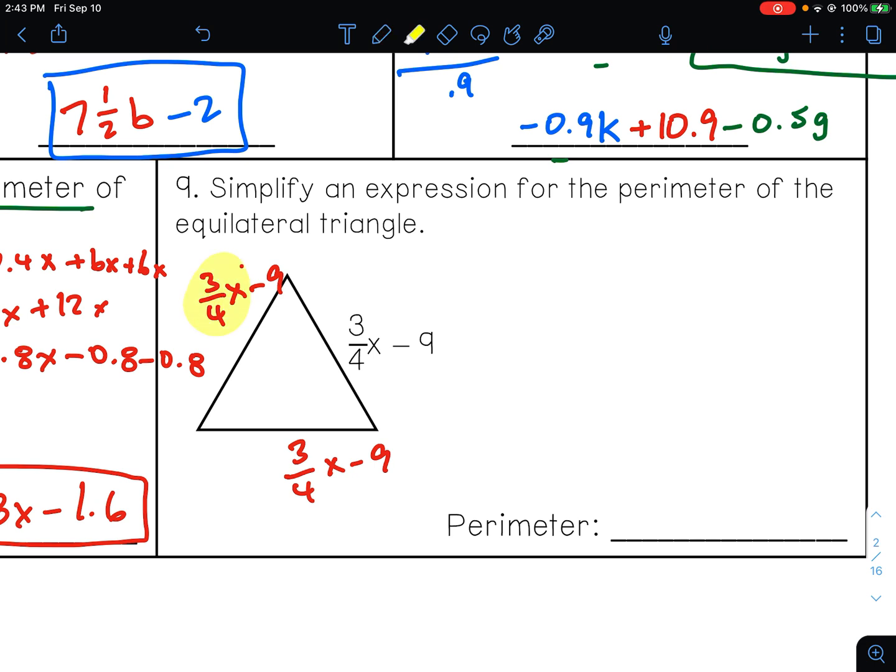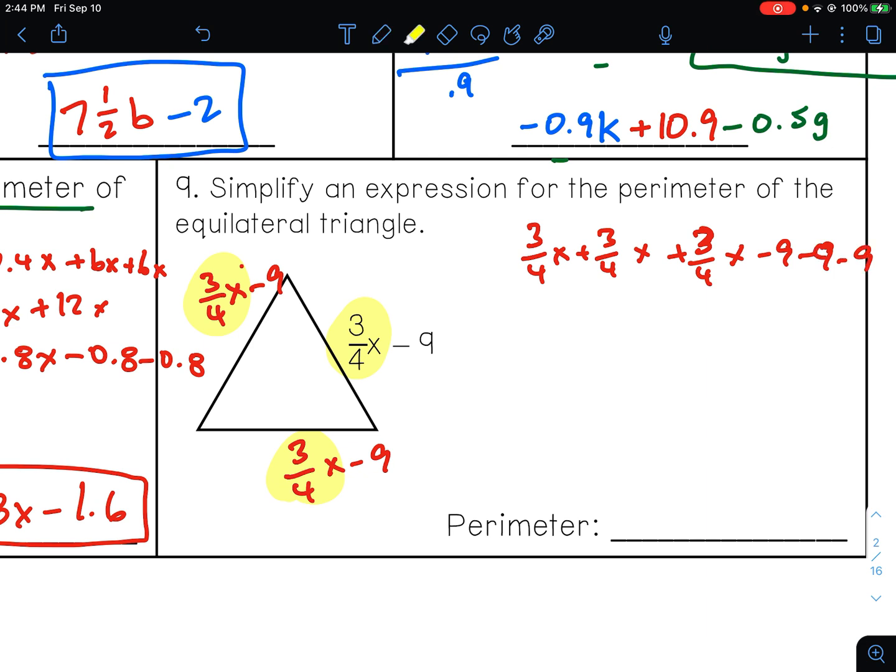Actually, technically, it'd be easier to multiply, but whatever. 3/4 plus 3/4 plus 3/4 x, minus 9 minus 9 minus 9.